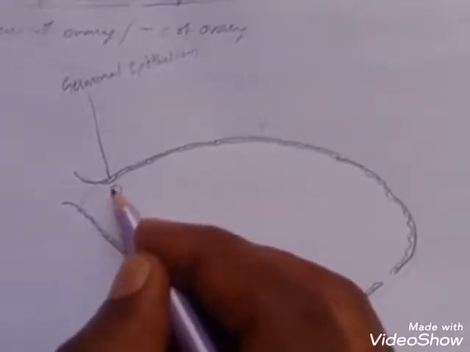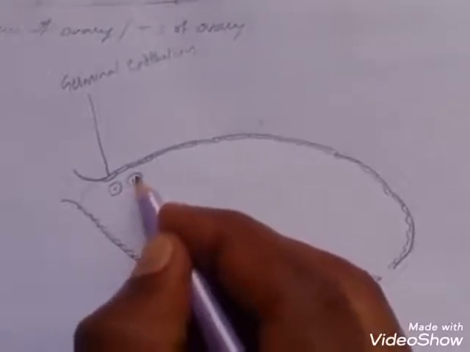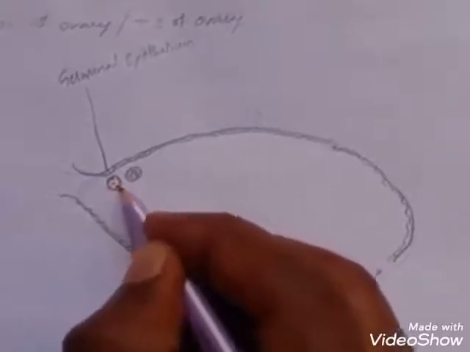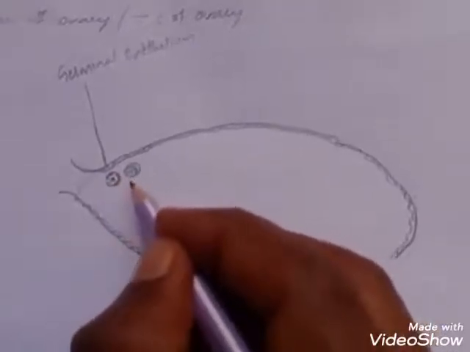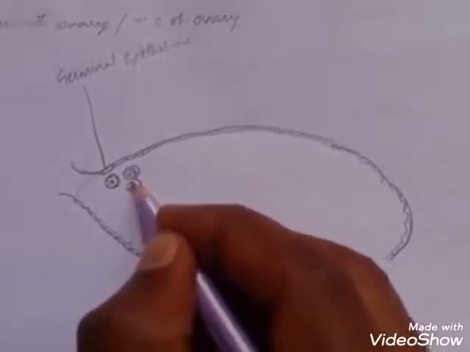So you can show here the follicular cells. There are many follicular cells that we observe in the cortex region of the ovary.